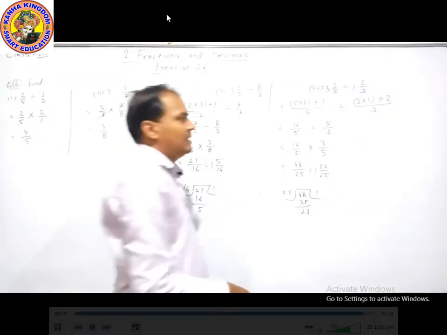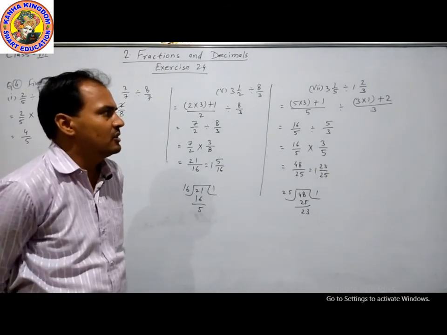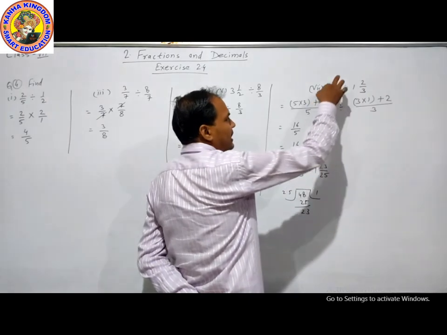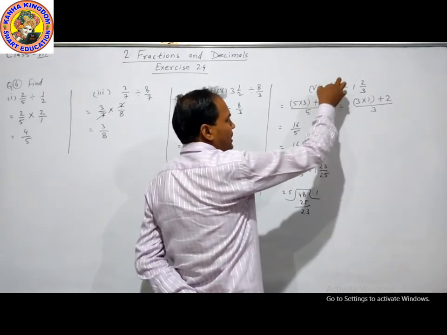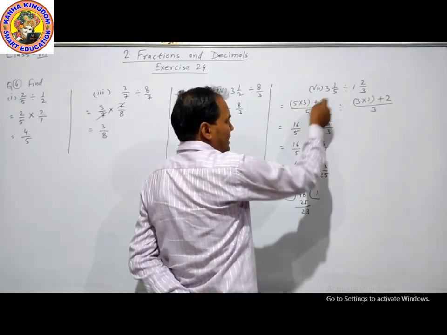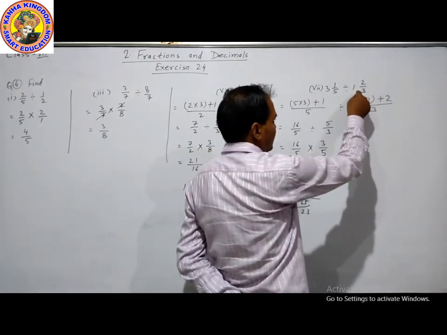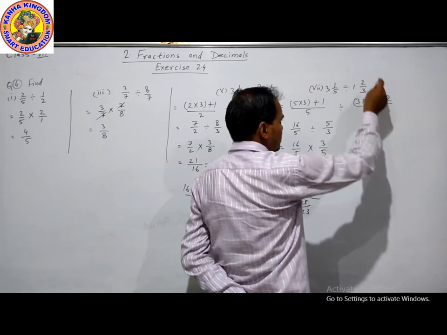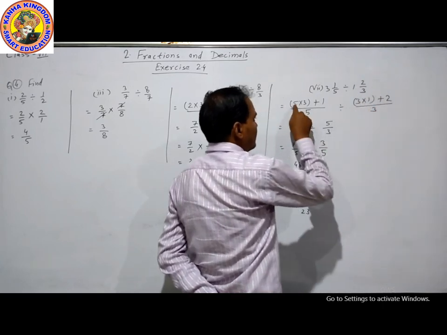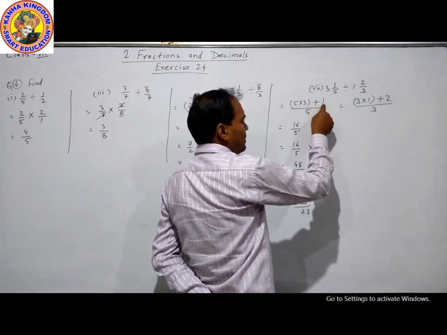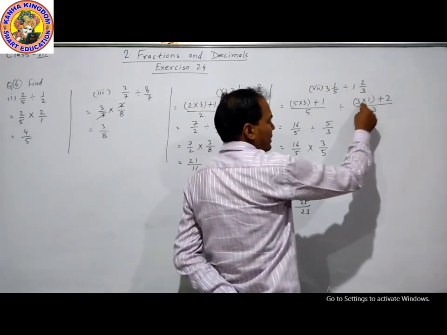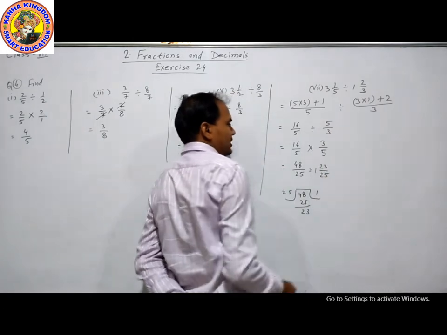These are both mixed fraction numbers, so we will change into fraction numbers. 5 into 3 then plus 1, divisor is 5. The other digit, 3 into 1 then plus 2 upon 3. 5 into 3, 15 plus 1, 16 by 5. 3 into 1, 3 plus 2, 5 by 3.